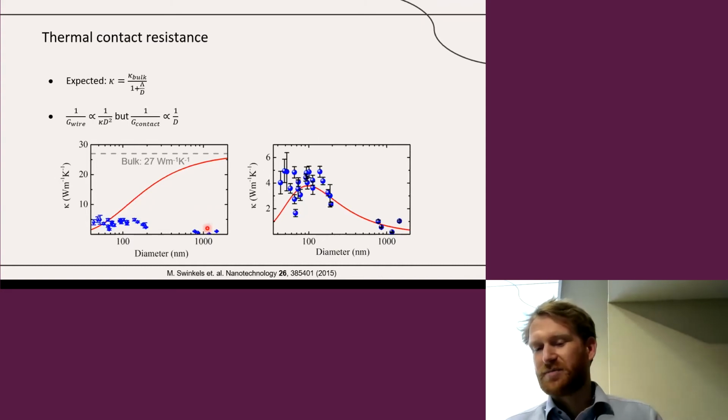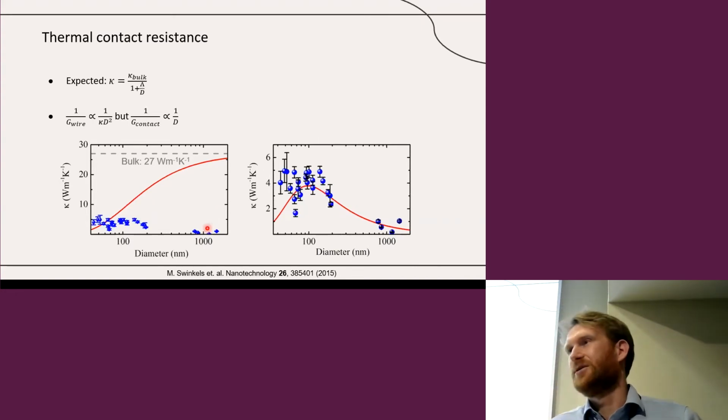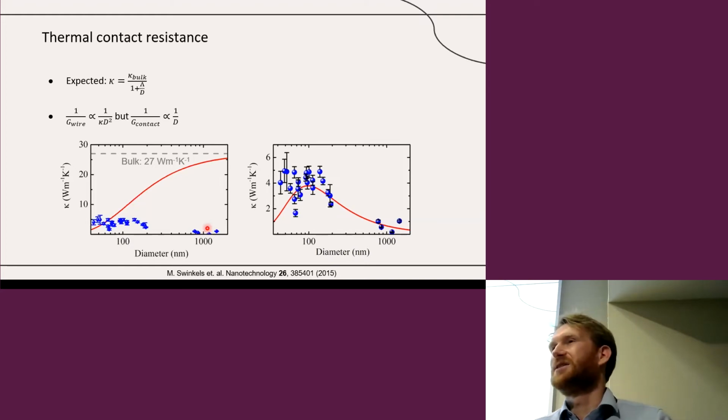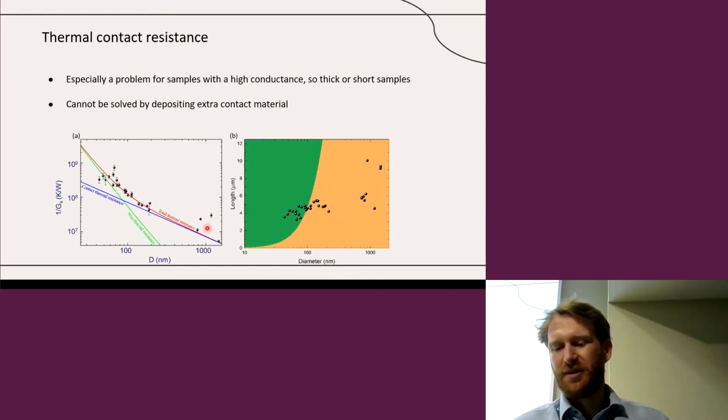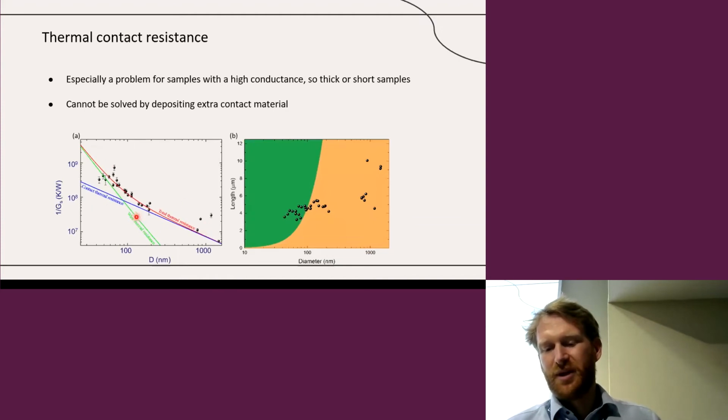We managed to explain this because while the wire conductance is scaling quadratically with the diameter, the contact resistance is scaling linearly with the diameter. So the larger we make our wires, the larger we make our system, the more important relatively the contact resistance becomes.